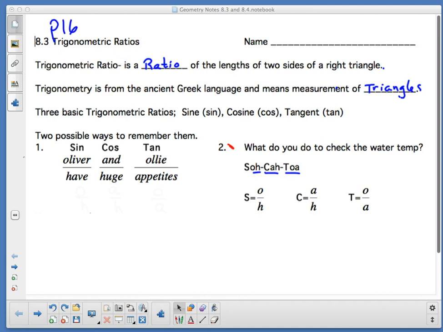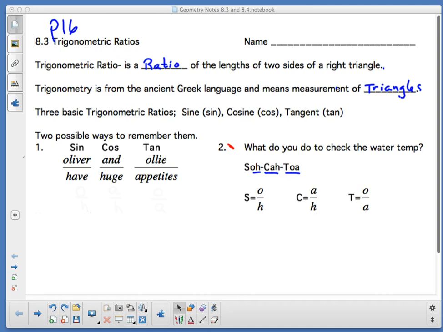Not understanding this prevents you from understanding the rest of the information I'm going to present over the next 2 days for section 8.3, section 8.4 and section 8.5. So what I'm really saying is, don't get the ratio relationships, don't pass this chapter test, period. It's that direct. It's not impossible, but don't just go, oh, it's not important. It's the most important section in the entire chapter, okay?